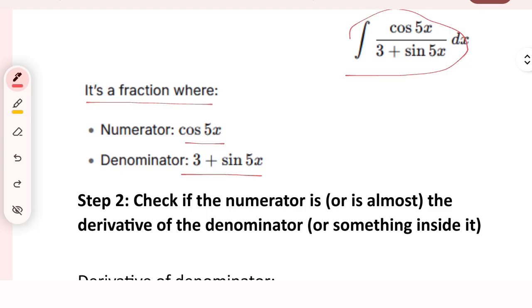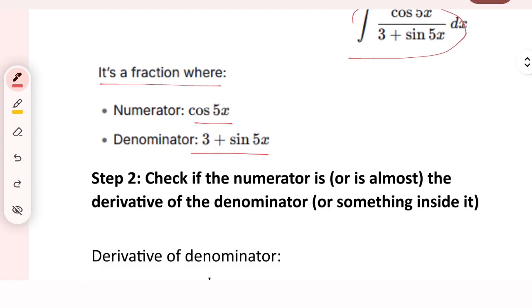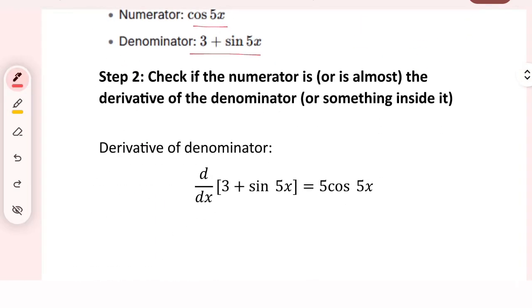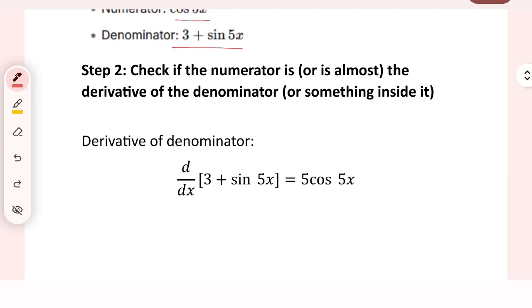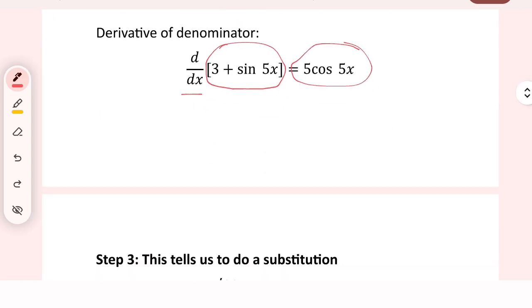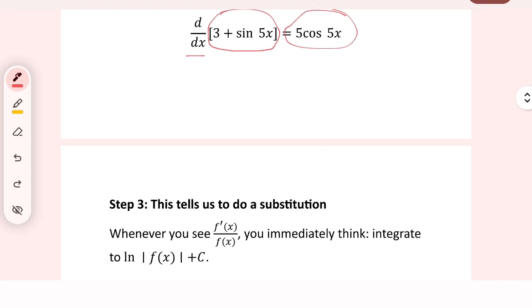That is something you always need to think about. Try to see if these seem like the same. Let's check. This is the denominator. If I take the derivative of that denominator, it is actually 5 cosine 5x. So it is almost there.